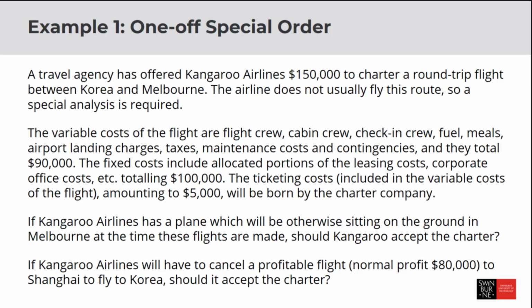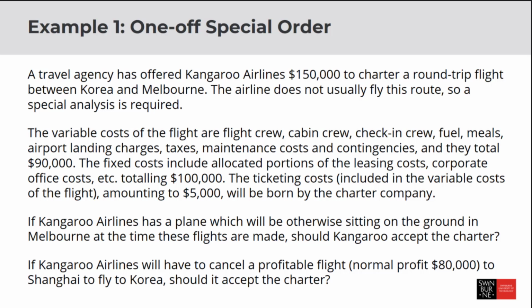The ticketing costs included in the variable cost of the flight, amounting to $5,000, will be borne by the charter company, which means if you accept the special order, then you don't need to incur $5,000 because you can avoid the ticketing cost.